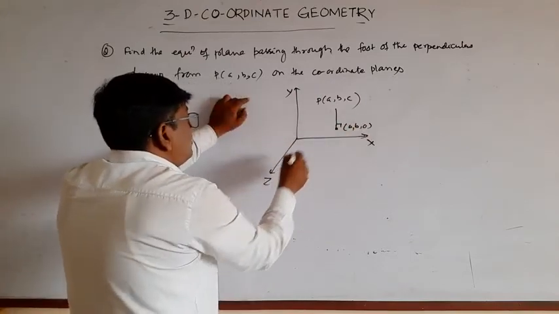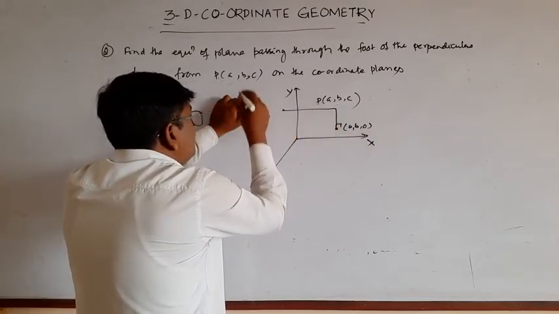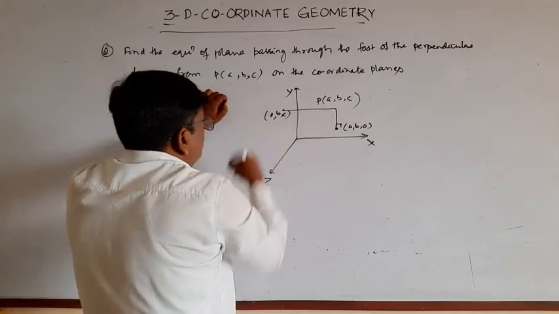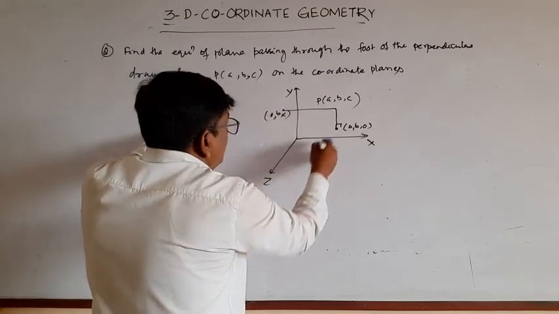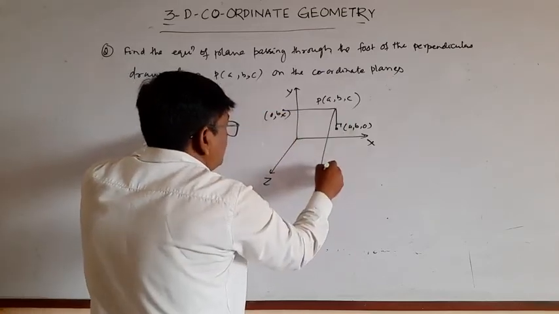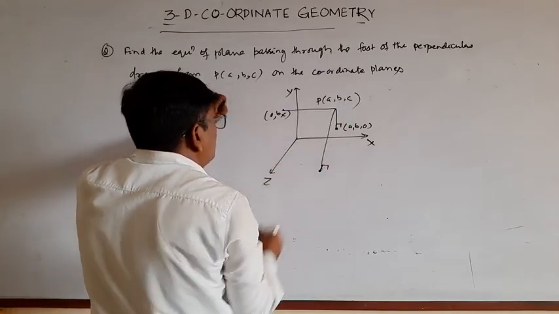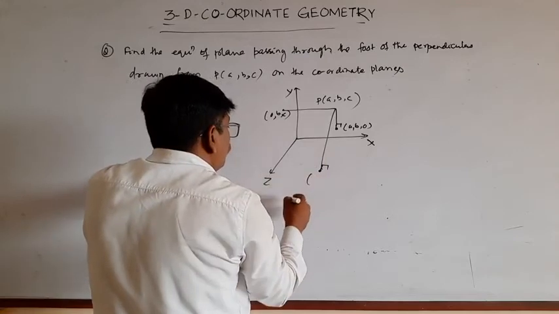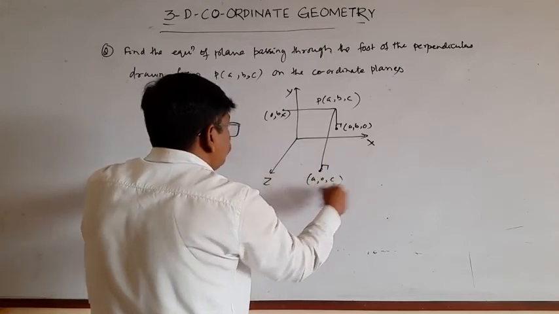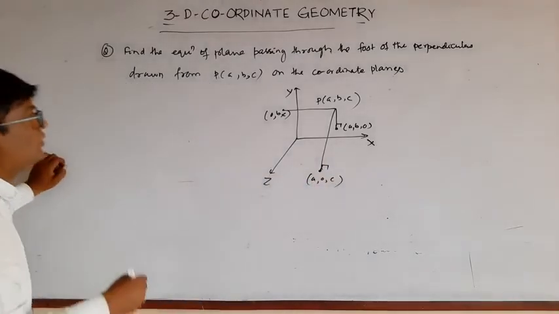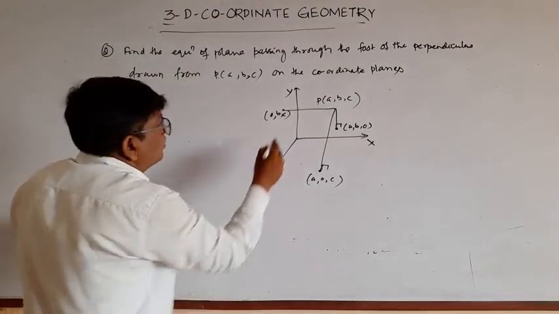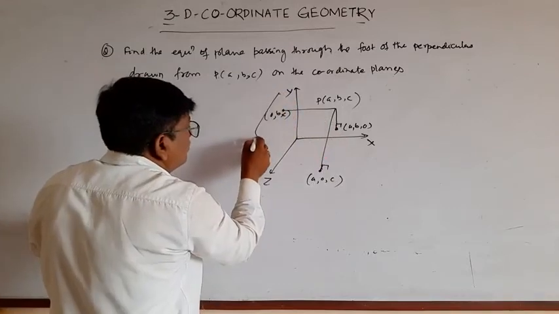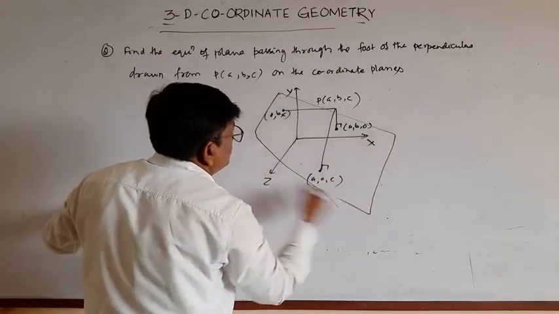On the yz plane, x coordinate is 0, so 0, b, c. On the xz plane, y is 0, so a, 0, c. The plane is passing through these points.